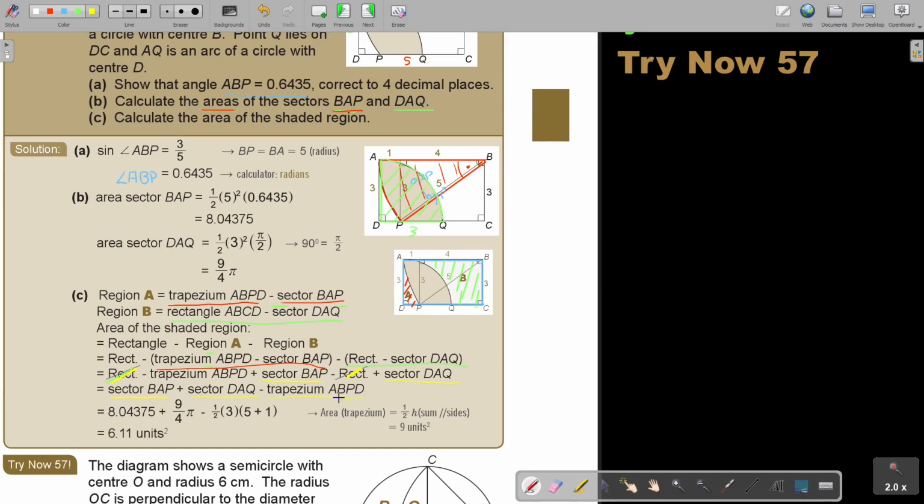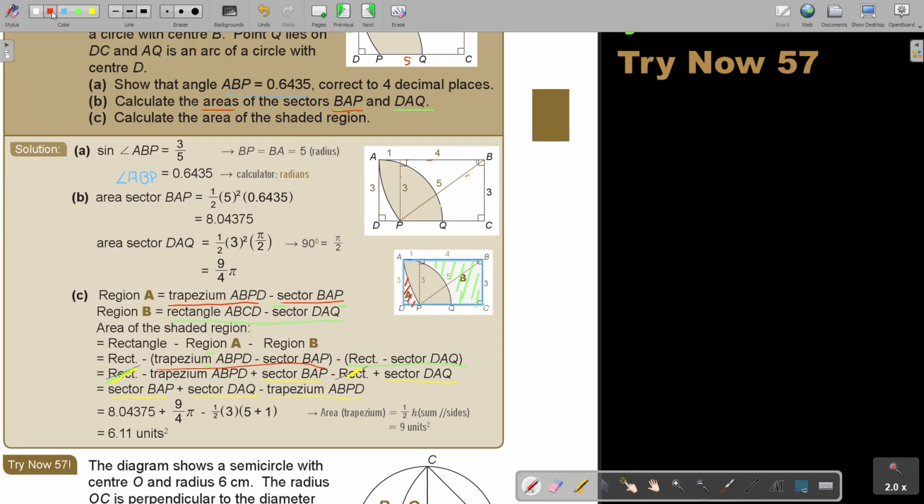Okay, and how do I get a trapezium? It's half height, and remember, where was my trapezium? This was my trapezium. I'm going to show it to you here, the trapezium, because that's the only one we didn't work out yet.